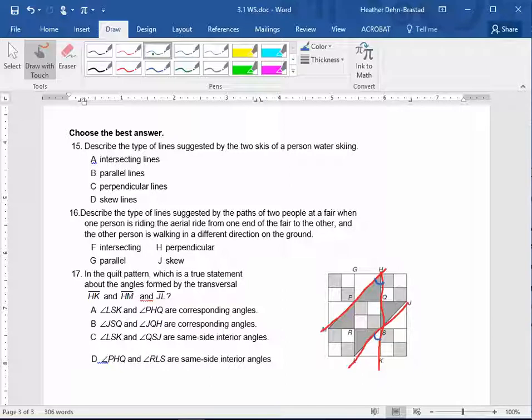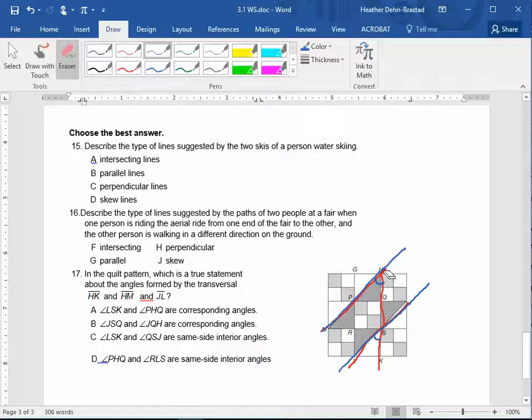Well, corresponding angles are in the same position and on the same side of the transversal. If we're talking about this line and this line as our original lines, and then it's cut by that red transversal, this looks like it makes sense because they're both to the left of the transversal and below the blue lines.